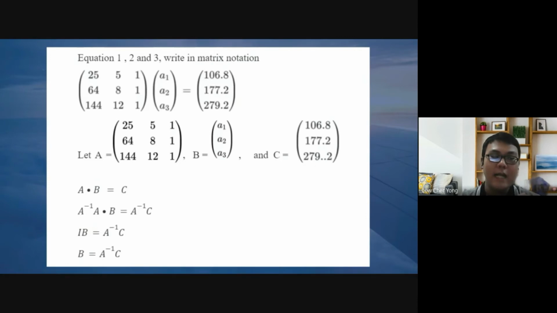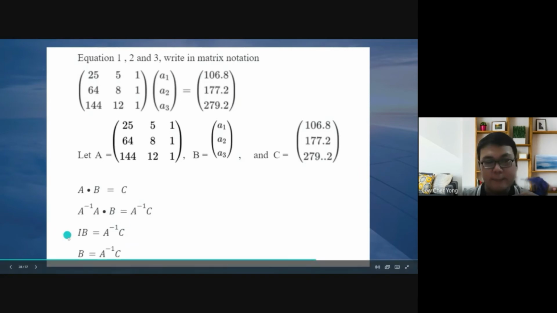We let A be the coefficient matrix, B equal to a1, a2, a3, and C equal to the velocity of the cargo. So A multiplied with B equals C. Multiplying both sides with the inverse of matrix A, we get that matrix B is equal to the inverse of matrix A multiplied with matrix C.